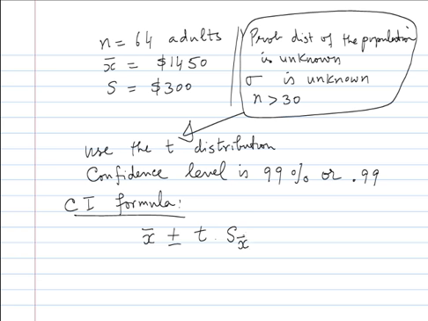So here we need to know three things. X bar, we know it is equal to 1,450. We need to find t, and we need to find sx bar.